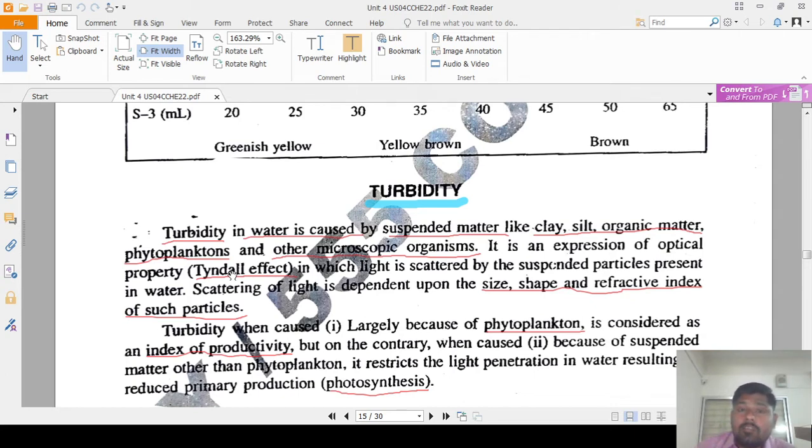So, that kind of property, the scattering of light because of the particle, is called the Tyndall effect. And how much light is scattered by those suspended matters depends only on the size of the particle, the shape of the particle and the refractive index value of such particles.